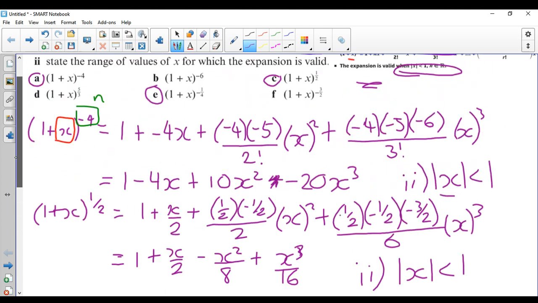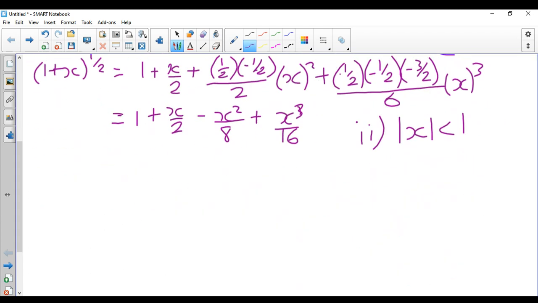Right, last but by no means least, I've got a power of minus a quarter. 1 plus x to the minus a quarter. So 1. Okay, and if it helps, there's my n, there's my x. Up to you, just if you want that little bit of clarity for me.